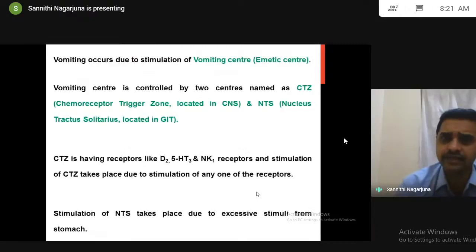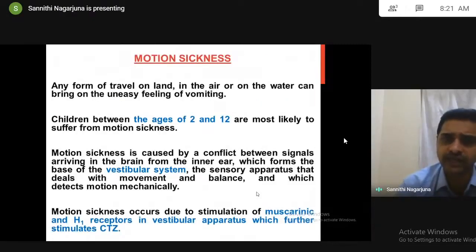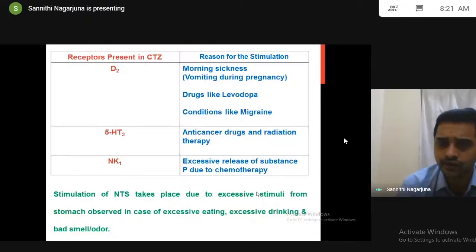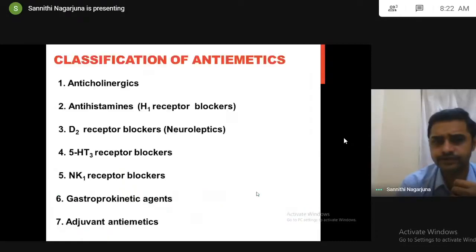The motion sickness, vomiting during journey, is because of muscarinic and H1 receptor stimulation in the vestibular apparatus in the ear and in the CTZ. Levodopa, morning sickness, and migraine produce vomiting due to stimulation of D2 receptors. Anti-cancer drugs and radiation therapy produce vomiting due to stimulation of 5-HT3 receptors. Excessive release of substance P during chemotherapy produces vomiting due to stimulation of NK1 receptors.